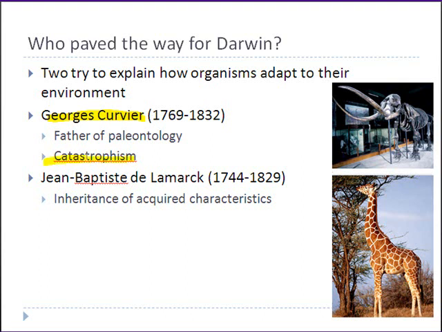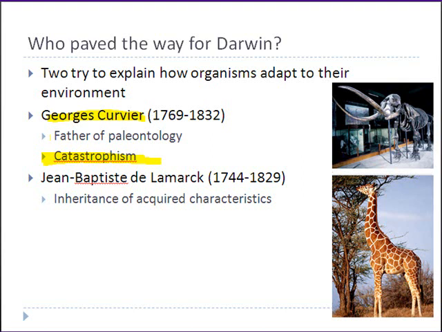Georges Cuvier also came up with the idea of catastrophism, which is that there are certain points in the geologic record that show there were catastrophic events that may have been the tipping point for organisms to undergo rapid adaptations in order to better fit a newly changed environment.